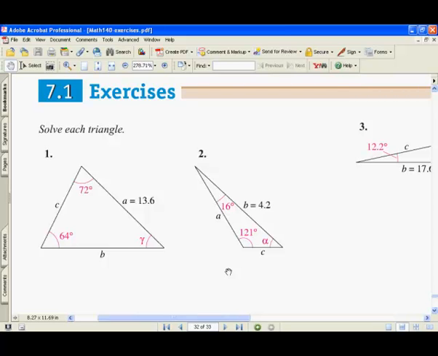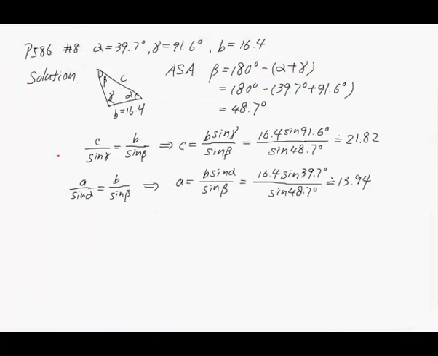Now let's look at page 585, problem 2. So in this problem 2, we know 2 angles and also 1 side, and this side is not between these 2 angles. Okay, and we need to solve this triangle. So let's copy this sketch.